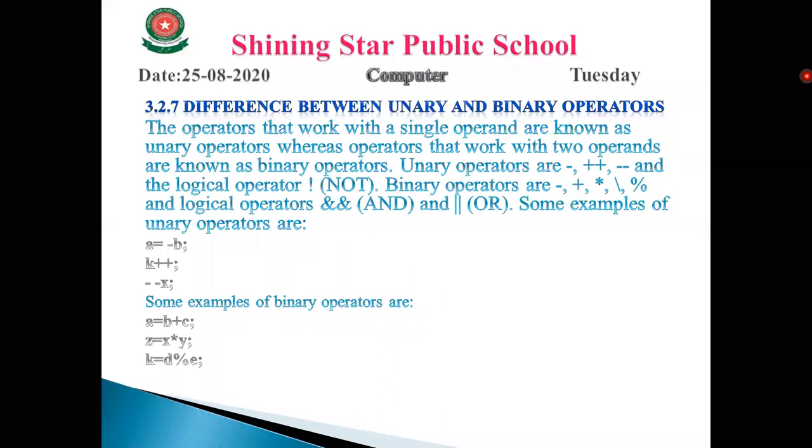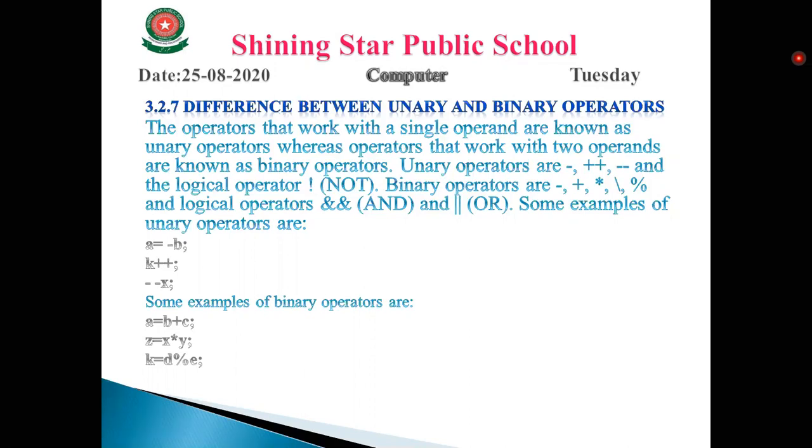So whenever we have a unary operator, binary operator, or any other operator, the name of the operator tells us something about that operator. Today we discuss unary and binary operators, and these names also tell us about these operators.